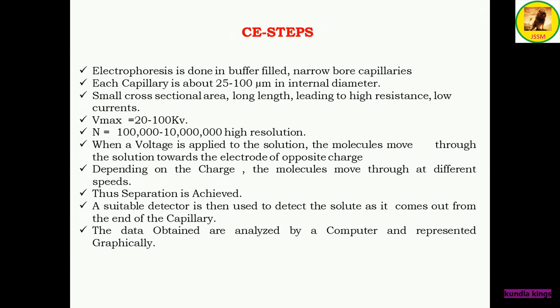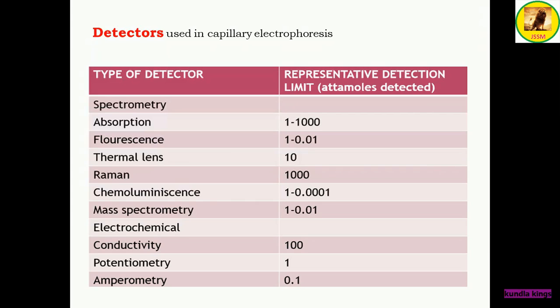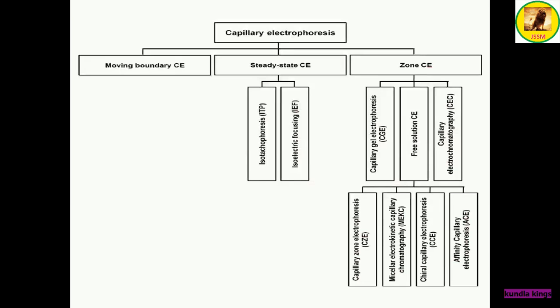A suitable detector is then used to detect the solute as it comes out from the end of the capillary. The data obtained are analyzed by computer and represented graphically. Detectors used in capillary electrophoresis, types of detectors and representative detection limits. These are the detectors used and their detection limits.